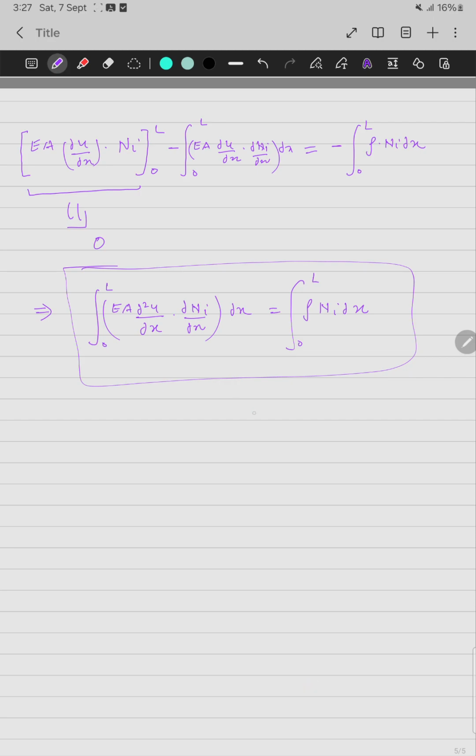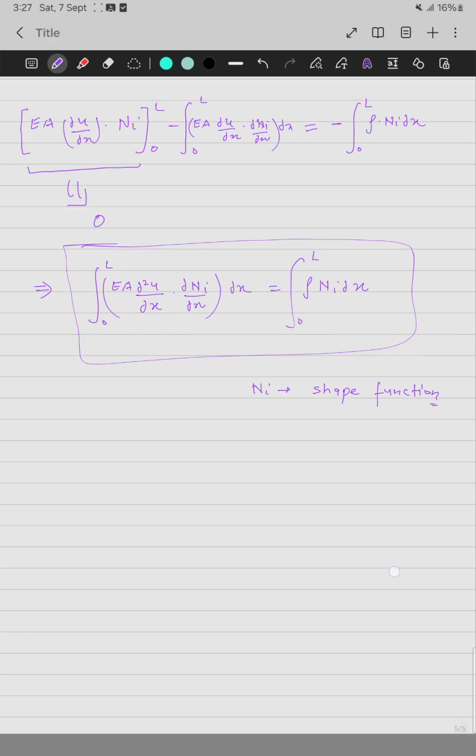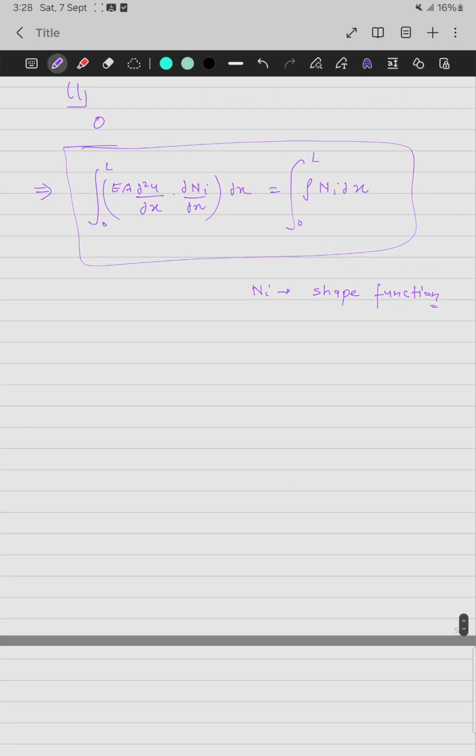Now here, if you see, Ni is basically the shape function, as I told earlier. Now what is this shape function basically? Let's see this. Let's suppose this is our bar element, and we have a node here and a node here.